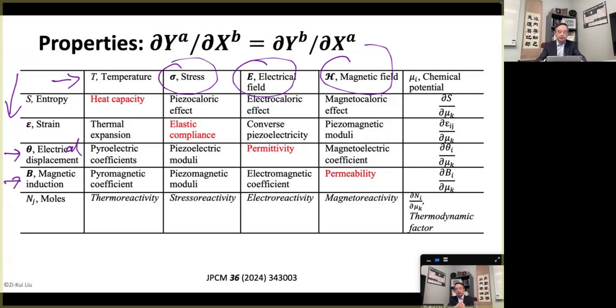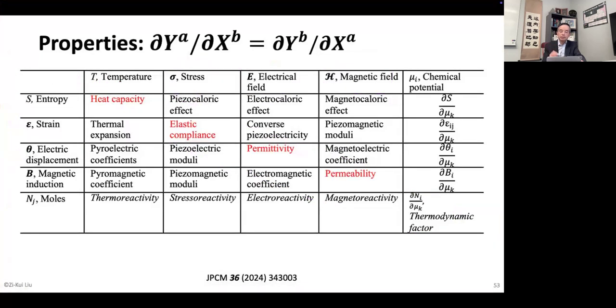Okay. Now we immediately realize one thing: the diagonal terms, I highlighted them in red here. These are the derivatives between the conjugate variables. So they are always positive for a stable system. When the system goes to the edge of instability, it becomes equal to 0.